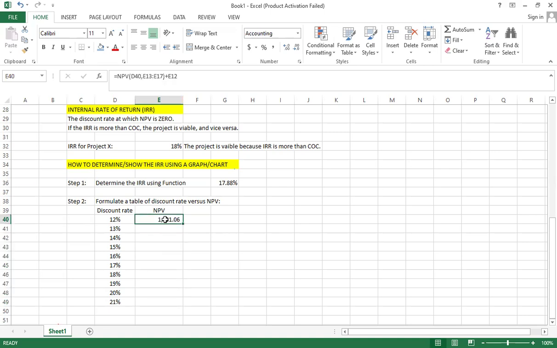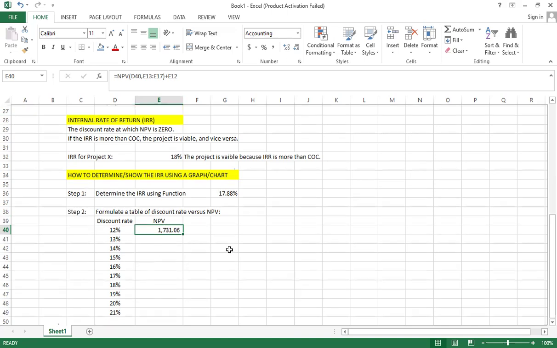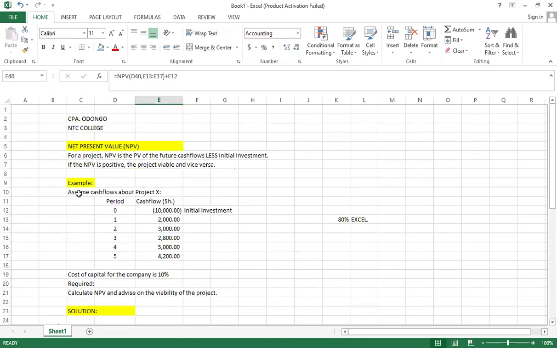What is this important thing that we must do? I want you guys to remember that because this is the same project, the cash flows remain the same. These cash flows don't change. They remain the same.